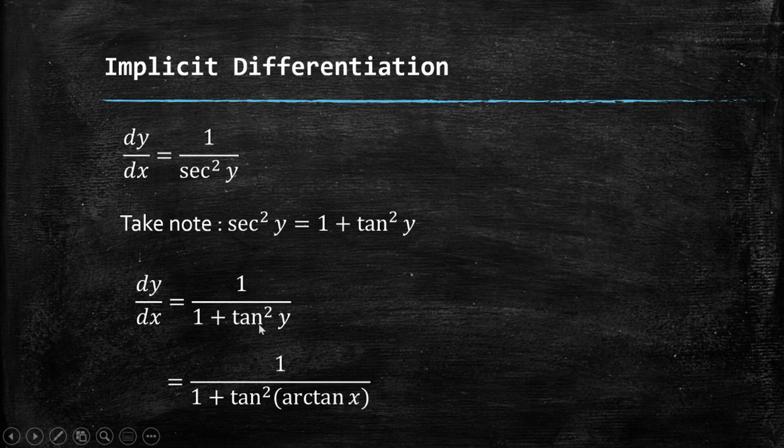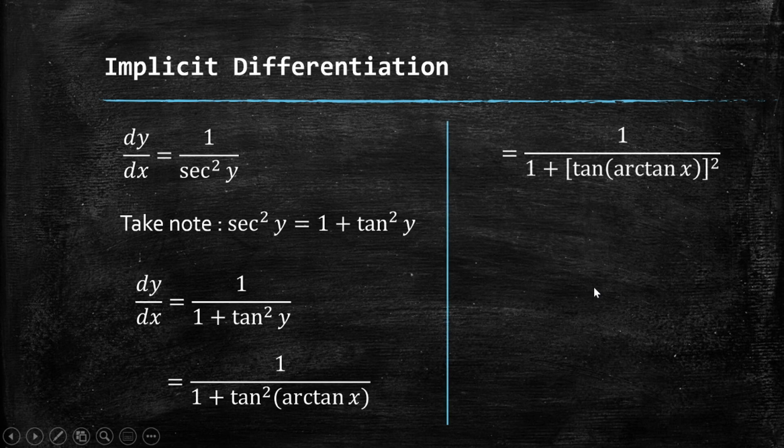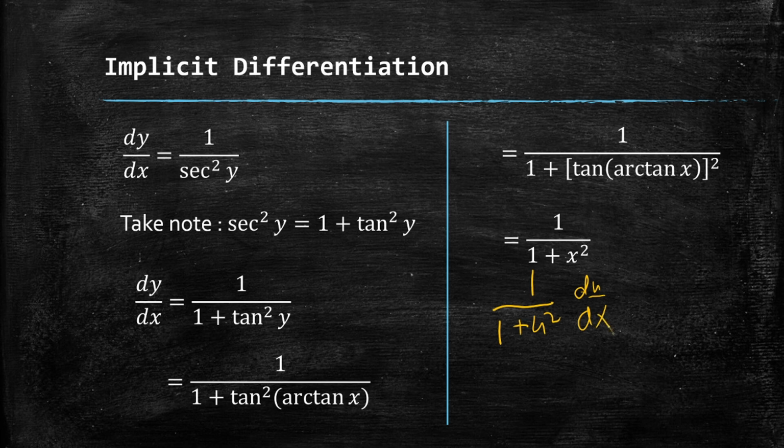That's why we substitute the value of y, which is arctan of x. It's actually squared, and tan of arctan of x is just x. So that's why we have 1 over 1 plus x squared, and if we generalize, the derivative of arctan is 1 over 1 plus u squared du over dx. So that's how we got the formula for arctan.